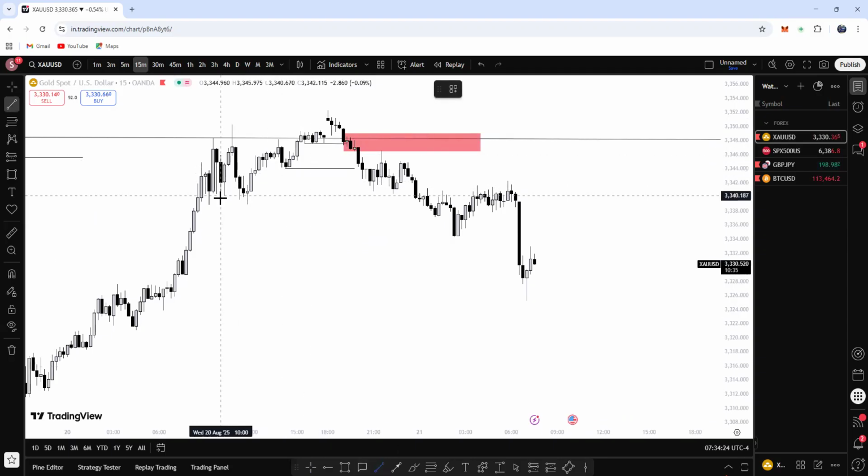Look at it, guys. This is what they do. Let me say 80% of the time. Takes the low, takes the high, and it now becomes your valid break of structure.